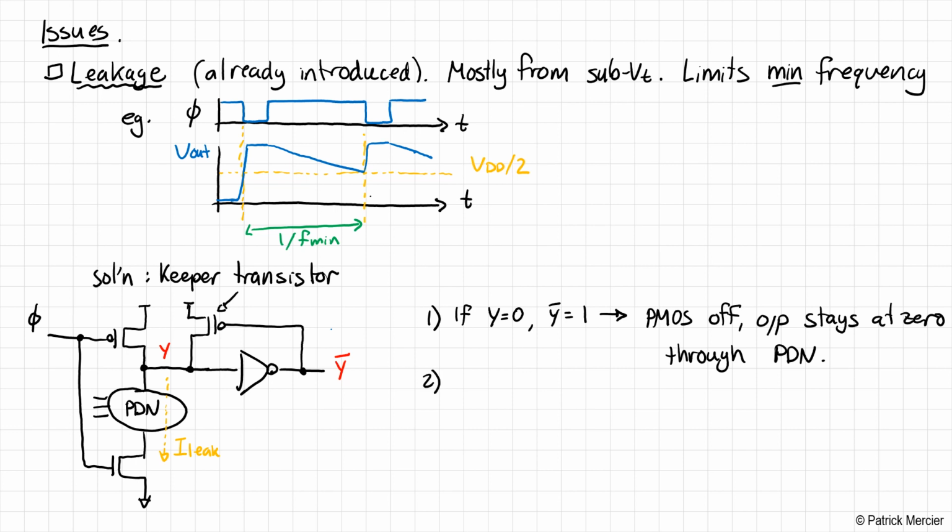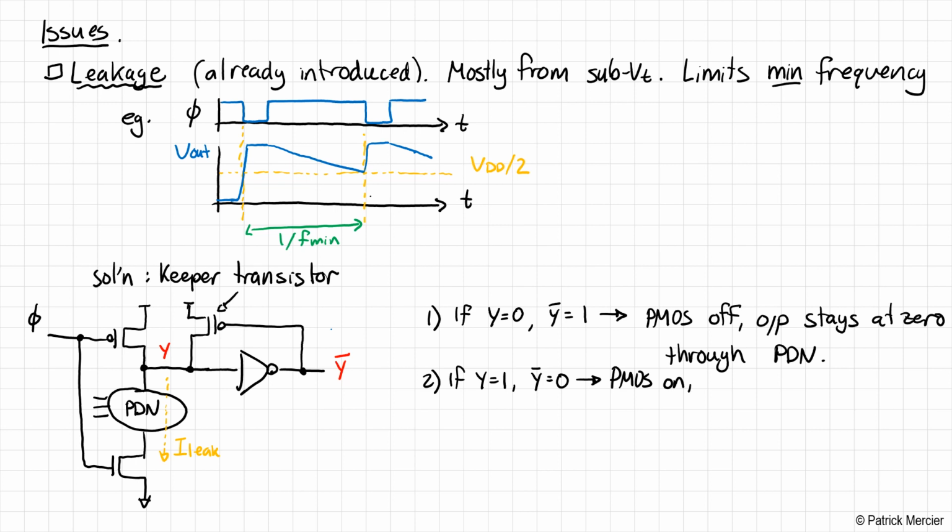Situation 2 is if y is equal to 1 and y bar is equal to 0. So y is equal to 1, it's supposed to be staying high, but the pull-down network through leakage mechanisms might be pulling y low, and we don't want that to happen. However, y is 1, but y bar, as needed in our domino logic circuit, is 0. That turns on the PMOS.